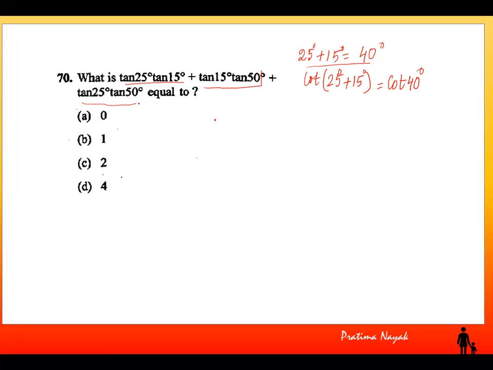Now cot of 25 plus 15, I'll write in this way: 1 upon tan of 25 plus 15 is equal to tan 50 degrees, because cot theta is equal to tan 90 minus theta.